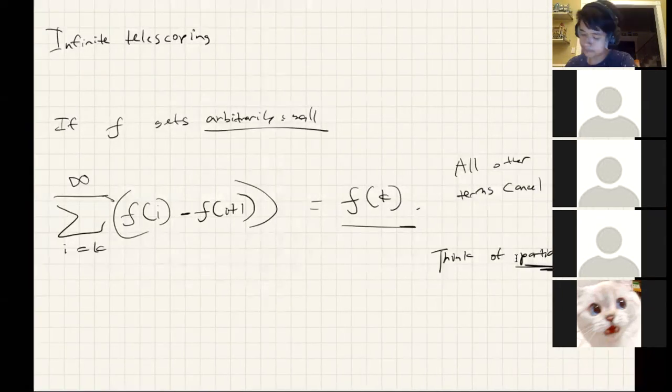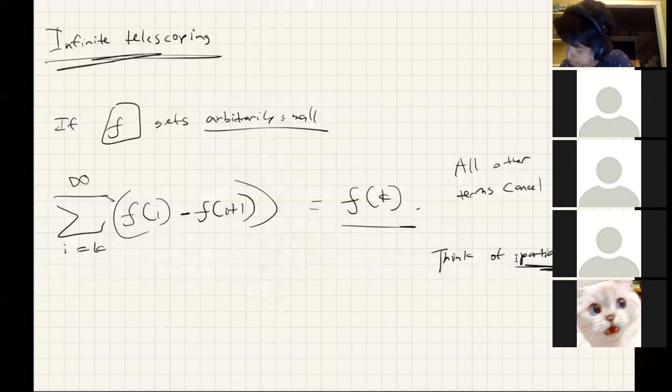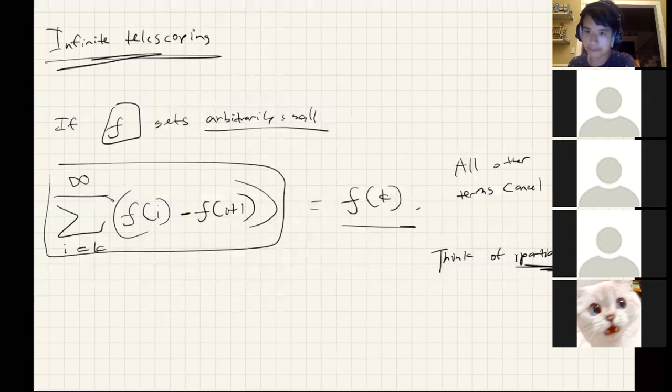Anyways, onto infinite telescoping, which is telescoping with infinitely many terms. If the function f gets arbitrarily small, then in this sum all the terms are going to cancel out except for the first term, which is f of k.